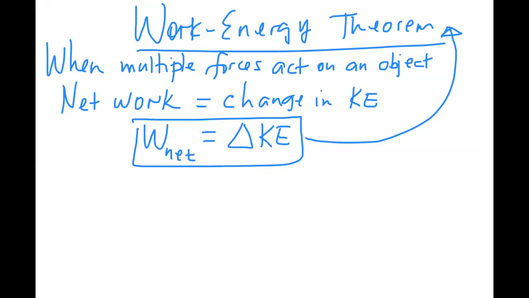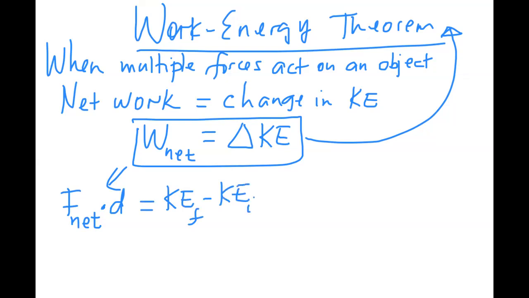I will have many examples to understand this, but it's nice to break down this formula as follows. The net force times distance is equal to kinetic energy final minus kinetic energy initial.